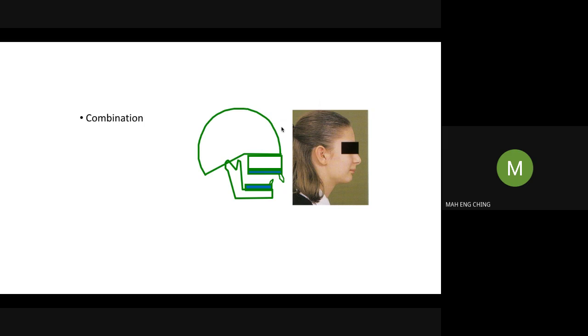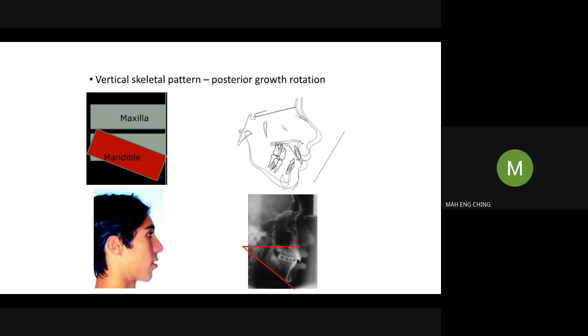So the first reason is the jaw, because of the discrepancy between the upper jaw and lower jaw. That's why they call it class 2 skeletal pattern. Then the class 2 skeletal pattern will cause a class 2 malocclusion. So sometimes it can be due to vertical skeletal pattern. It's due to posterior growth rotations. So you see the mandible and maxilla.